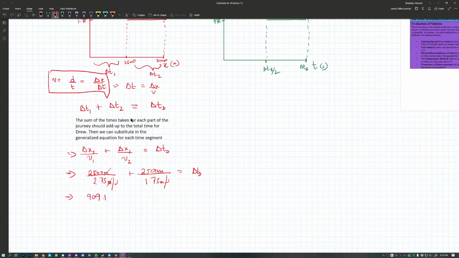Well, the meters go away, and the second comes up over here. Plus what do I get over here? I'm getting 1428.6 seconds. Same thing, the meters cancel out. And if I add these together, plus 909.1, I'm getting approximately 2,338 seconds.